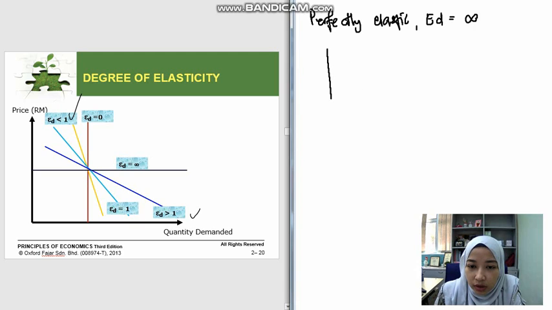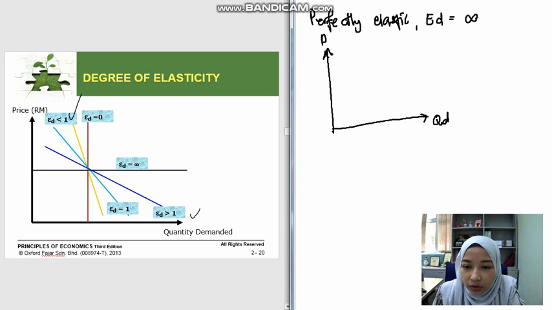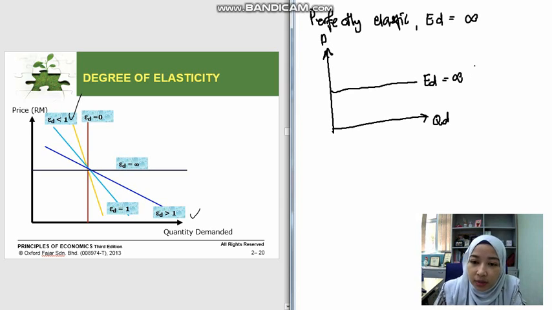Okay, so how do you draw the curve for perfectly elastic? Okay, you will have, sorry, it should be P. You will have a horizontal line. Okay, this is a perfectly elastic demand curve. Let's say when the price is at P0, the quantity demand can change from a wide range of amount.